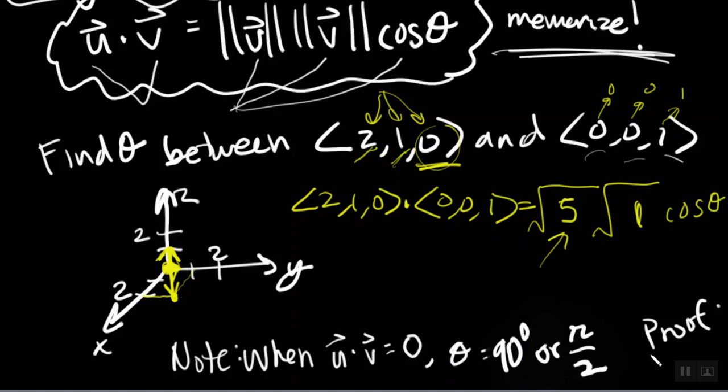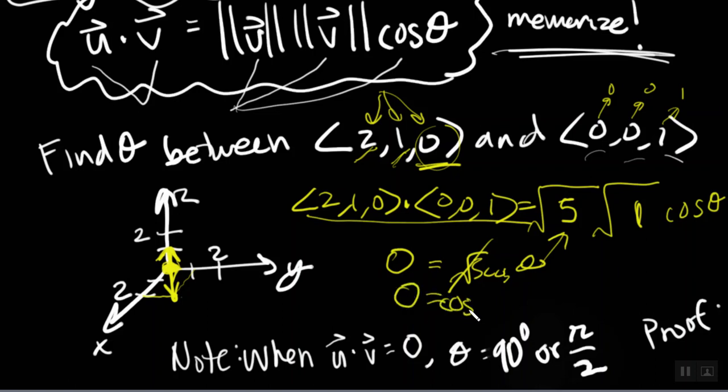So now let's actually solve for the dot product. 2 times 0 is 0, 1 times 0 is 0, 0 times 1 is 0. Wow. Now this is equal to rad 5 cosine theta, and we can divide both sides by rad 5, and notice how the 0 will still be 0. 0 equals cosine theta, and we take the inverse cosine of 0 to get theta, and we can think of this as what angle will have a cosine of 0?